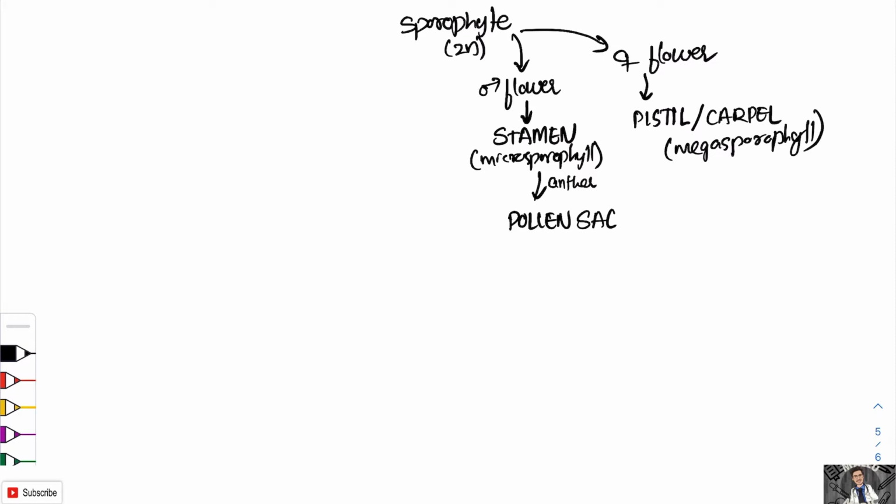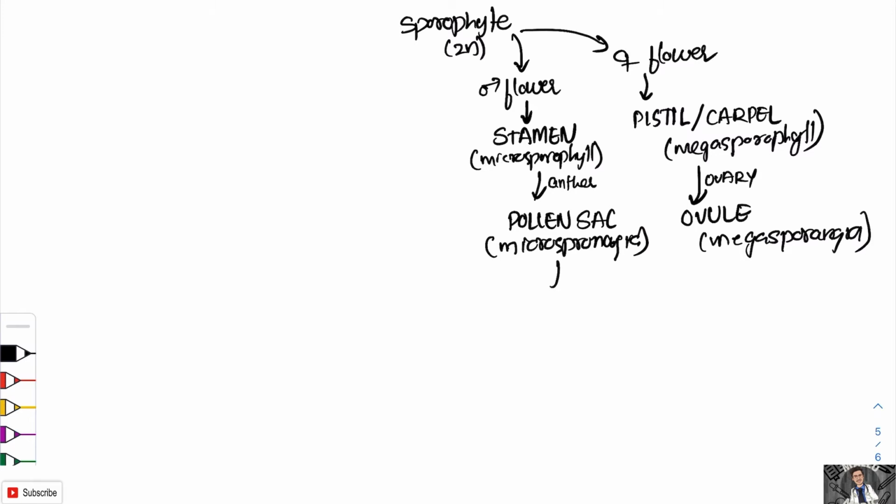First, let us complete the life cycle. Within the carpel and within the ovary, we have the ovule, which is the megasporangia of flowering plants or the angiosperms. So pollen sac is basically the microsporangia, and ovule is basically the megasporangia.